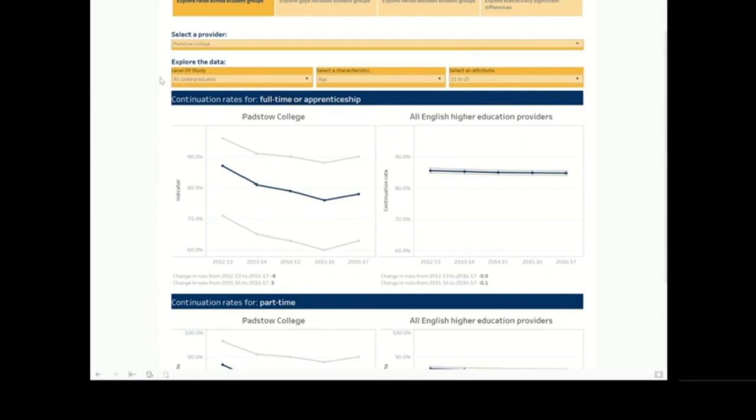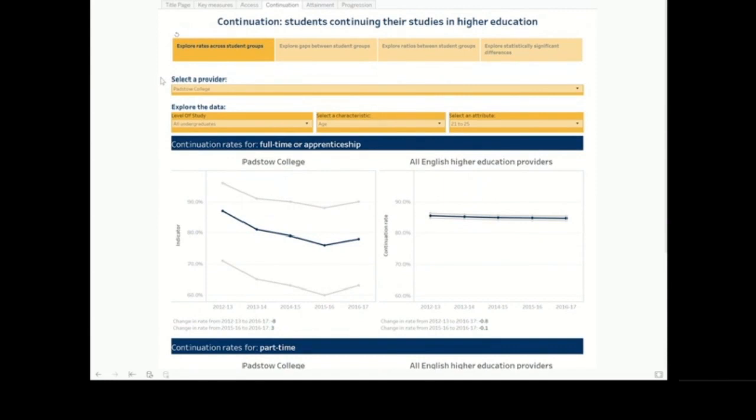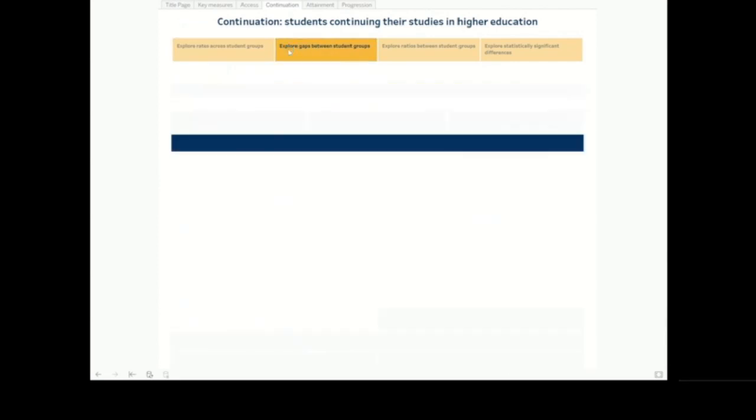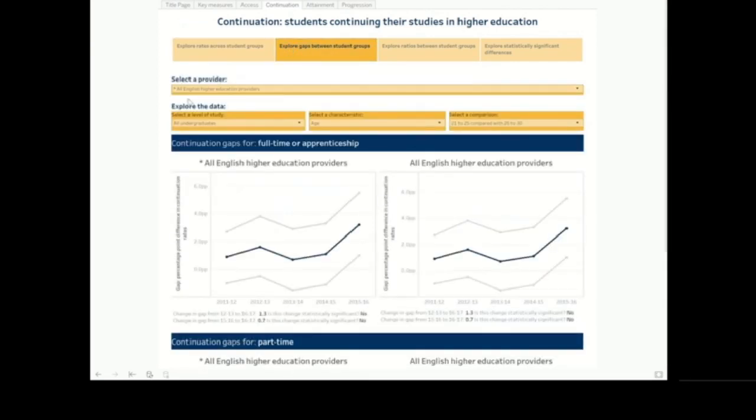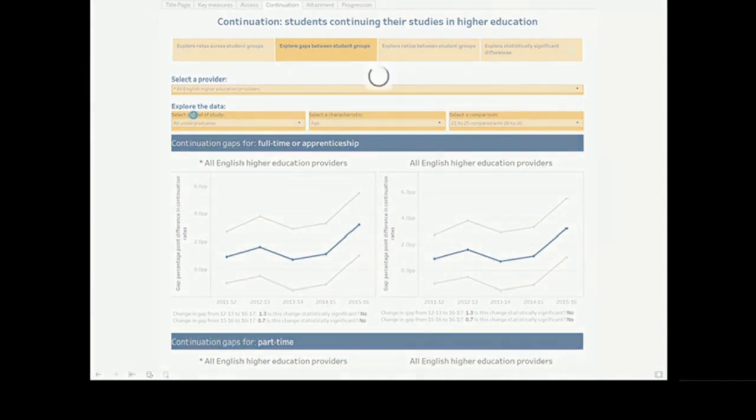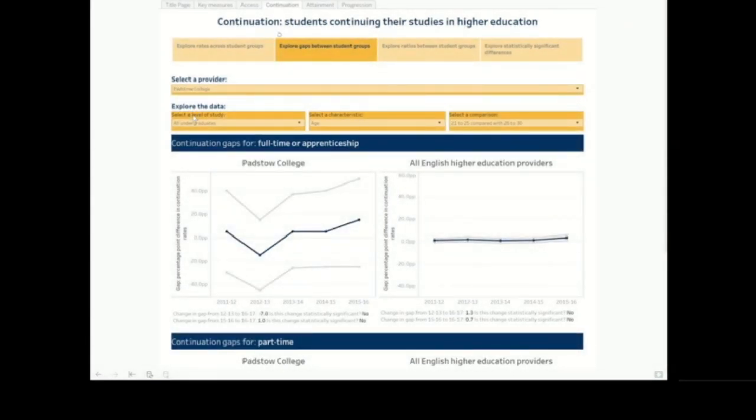We can move on to look at gaps in continuation rate between different student groups. As was the case when looking at rates, we can select a provider of interest and explore the data. This time we can select a comparison between two groups within a characteristic.